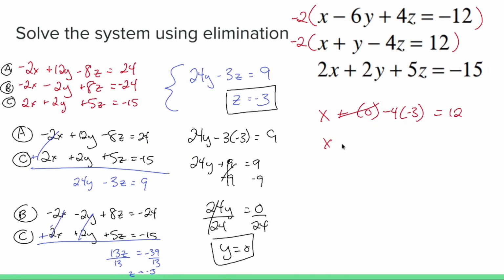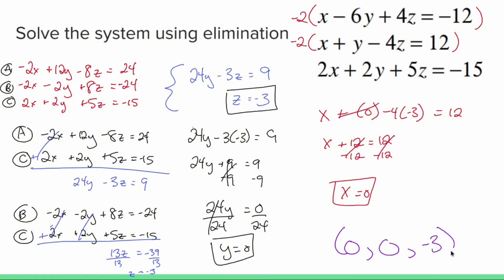So x plus nothing plus 12 equals 12. Well, how convenient again, because when we subtract 12 from both sides, you both cross out and x is nothing. So if x is 0, y is 0, and z is negative 3, that is our solution.